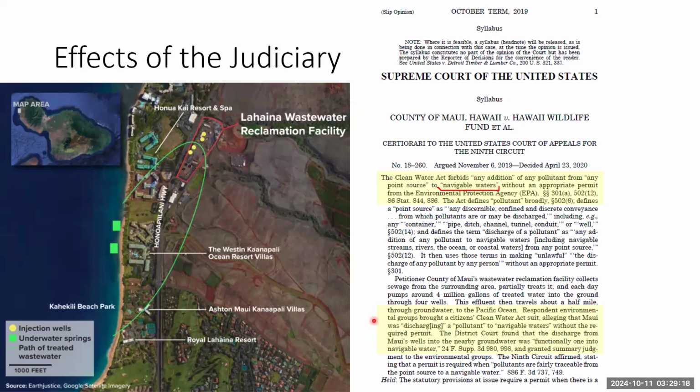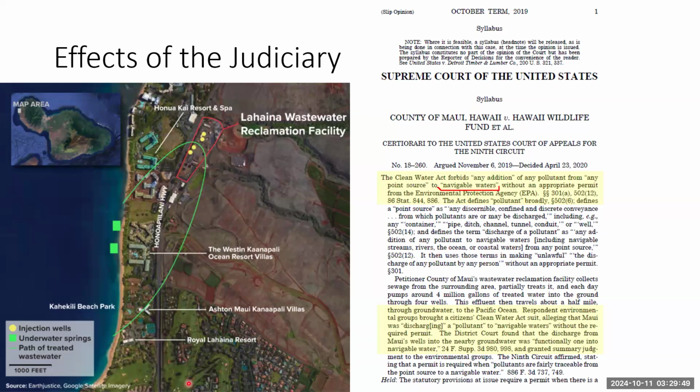So we have this wastewater treatment plant, and contaminants from it are making it through groundwater to a very clearly, not in any question, navigable water. And so the question is: is this distance a significant nexus? Does this demonstrate a significant nexus? Is the groundwater functionally one with navigable water?